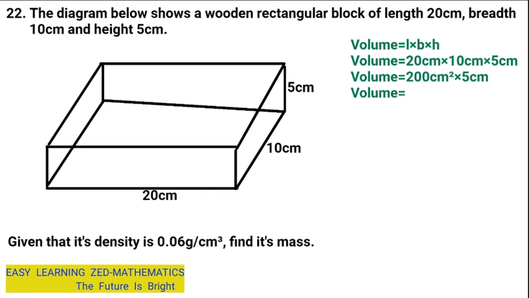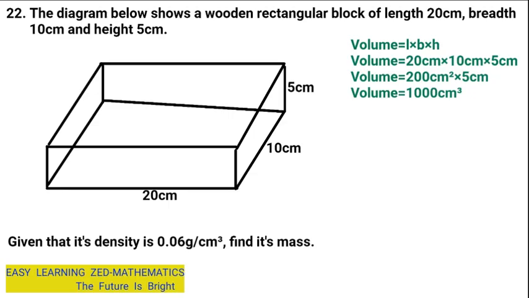So the volume of this wooden block is 1000 centimeter cubic. Now we have found the volume, that means we have got the volume as well as the density. From here we can go ahead and calculate the mass of this wooden block.